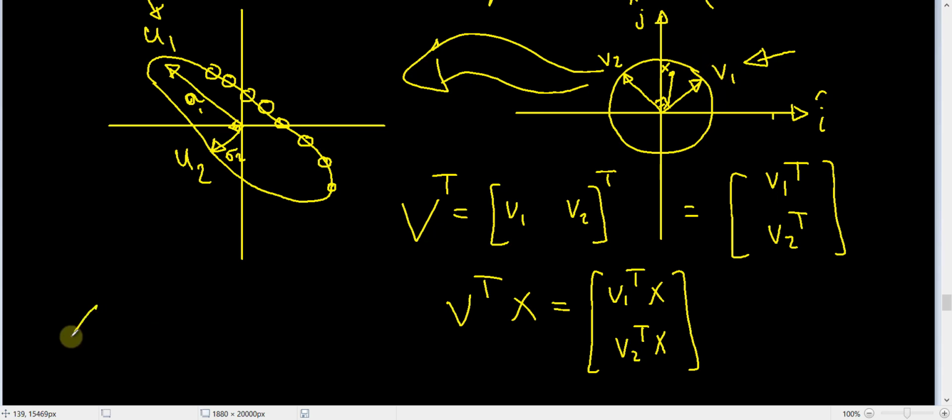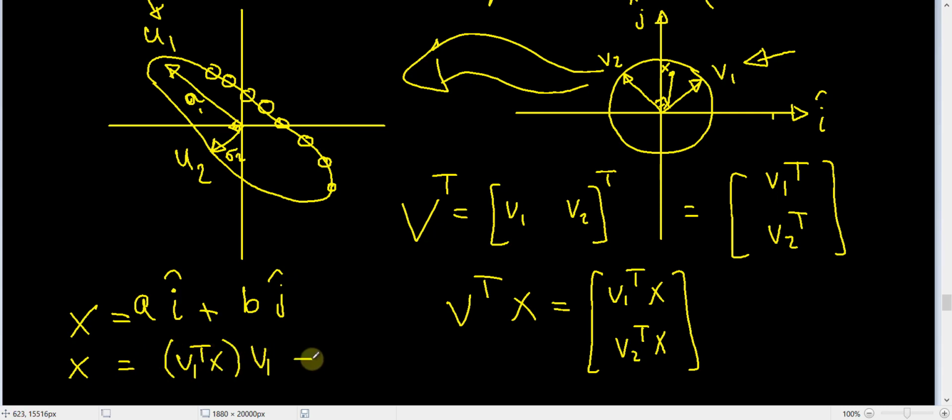We know that any vector x can be represented as some component in i cap plus some other component in j cap direction. Also, any vector x can be represented as V1 transpose x in the direction of V1 plus V2 transpose x in the direction of V2 cap.